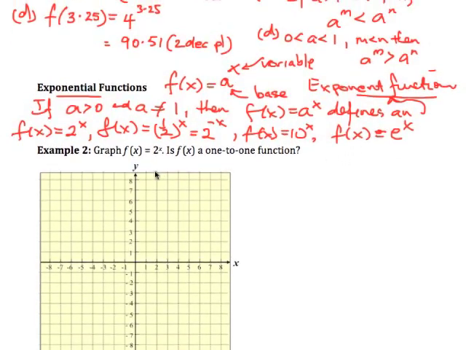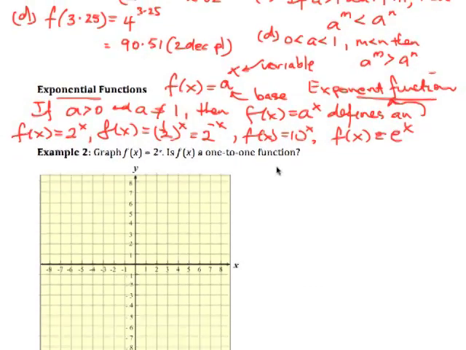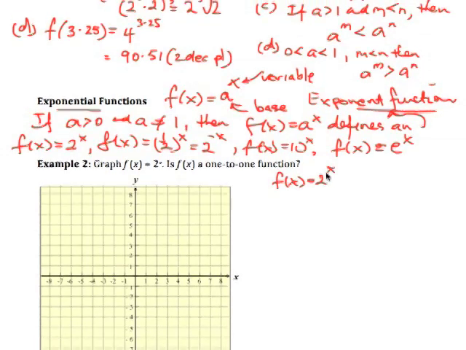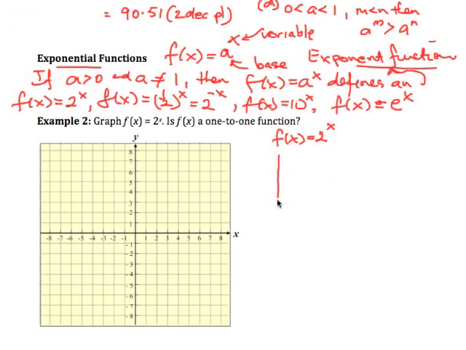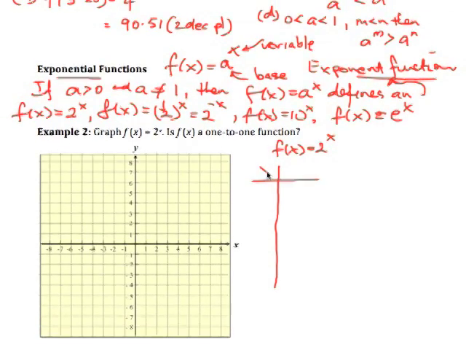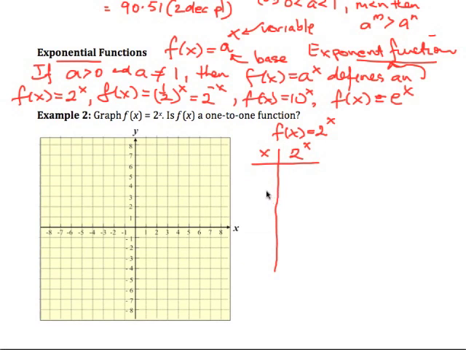Well, what does a graph of this actually look like? We want to do a picture of this, so we're going to do f of x equals 2 to the power of x. We're going to make up a table of values, x, and this will be 2 to the x. I'm going to draw some negative ones. Let's have a look and see what we get.